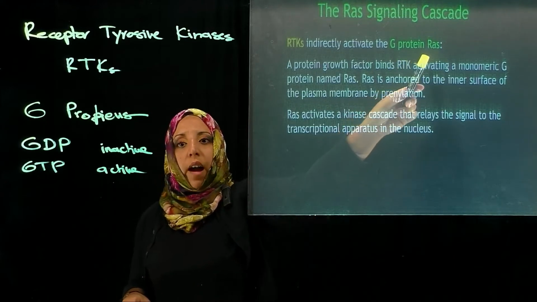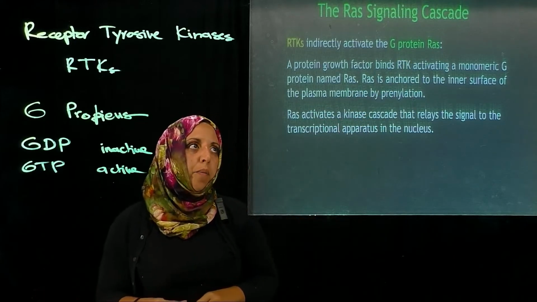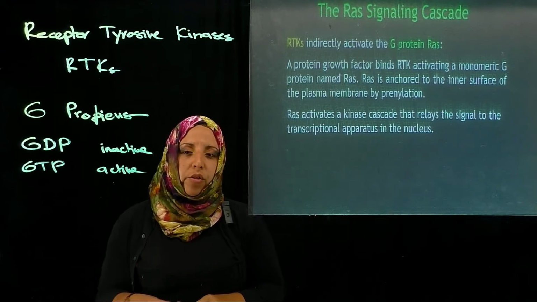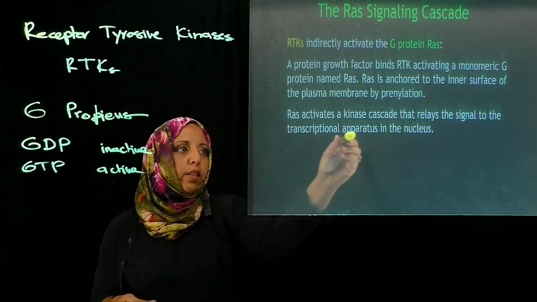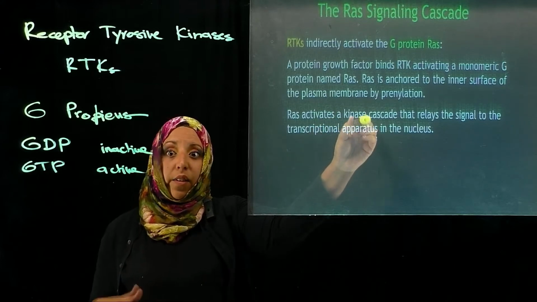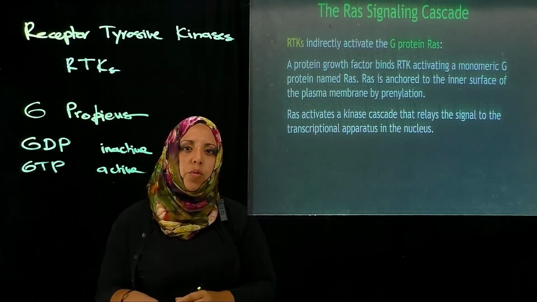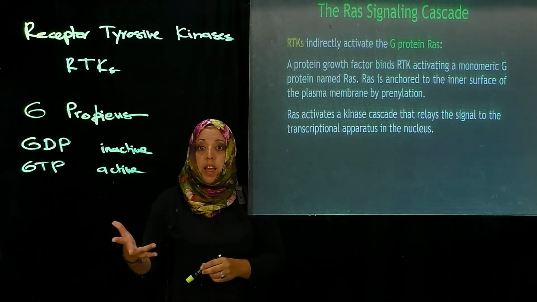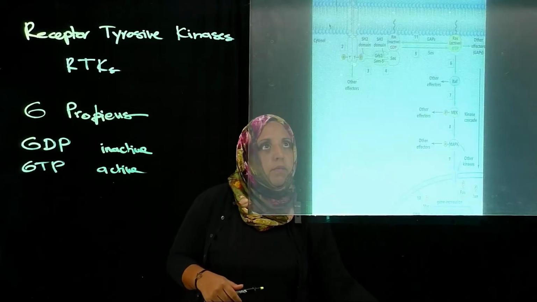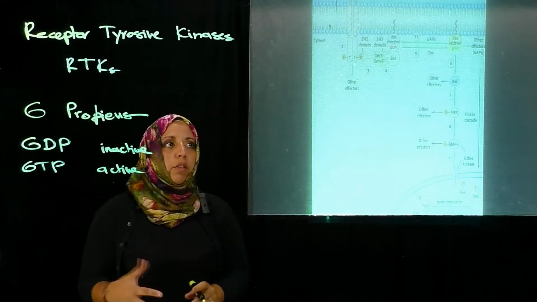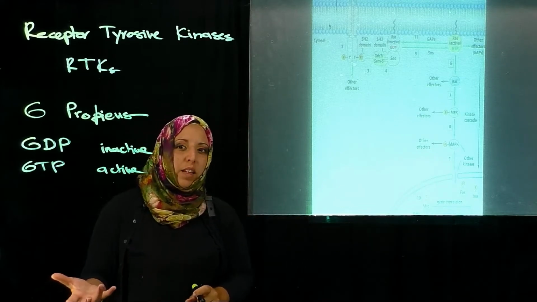We'll notice that Ras is a protein that's anchored to the membrane through prenylation. Once it's activated, it will activate a kinase cascade that eventually will relay the signal into the nucleus. Okay, so let's take a look at what takes place.